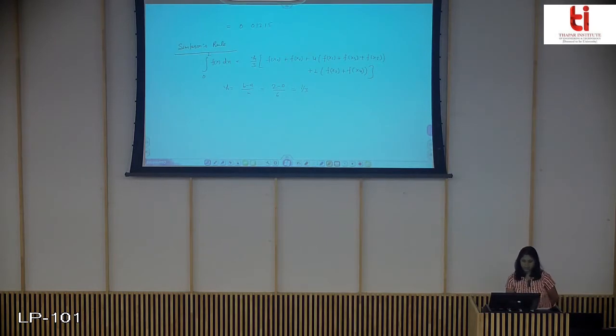So 1 upon 3 and function values at these points: f0 plus f of 2 plus 4 into (f of 1 by 3 plus f of 1 plus f of 5 by 3) plus 2 into (f of 2 by 3 plus f of 4 by 3).